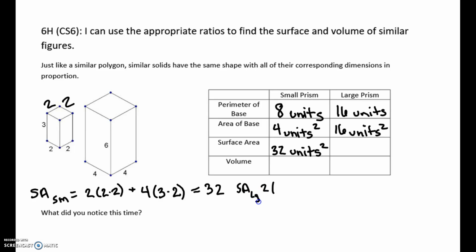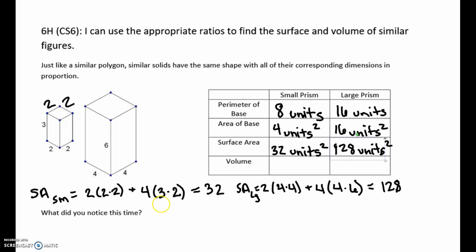SA of large equals 2 4 by 4 faces, those are the top and the bottom, plus 4 4 by 6 faces. All that's going to add up to 128. So 128, ooh, that did not write the way I wanted it to. Let's try that again, friends. 128 units squared.